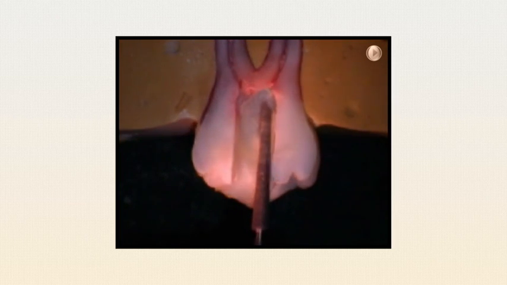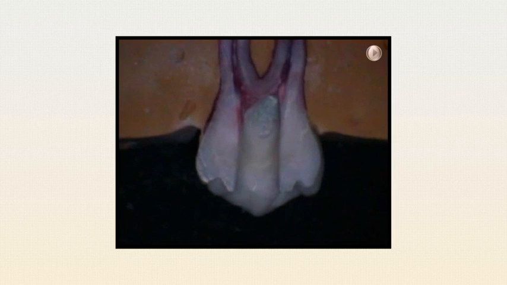Now we're refining the actual shape of the canal access, and then we see we're providing that direct line access into the actual coronal aspect of the canal system while providing support for temporization. And finally, with the picture, you notice the actual access preparation in proper shape and form.